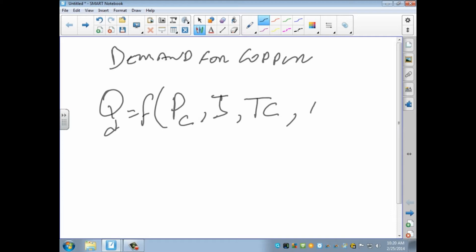And also another variable called the expectation of future prices.